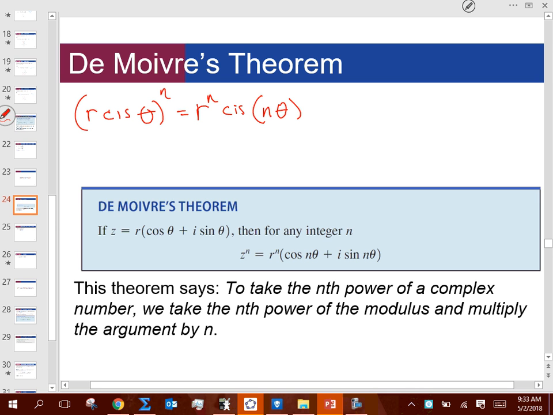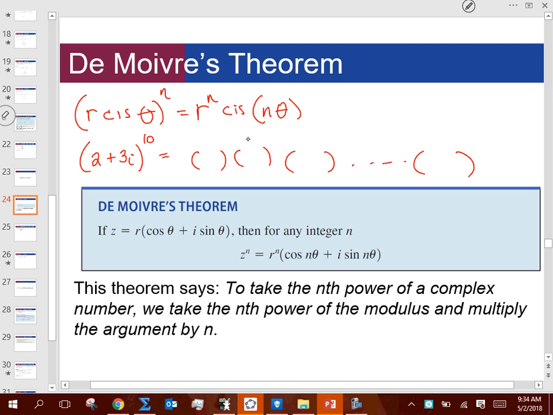So that's what I was talking about the other day. If I have something like 2 plus 3i, and I want to raise that to maybe the 10th power, we talked yesterday that you'd have to write that out 10 times, right? You'd have a bunch of foiling to mess with.